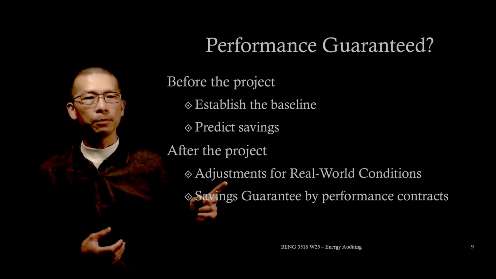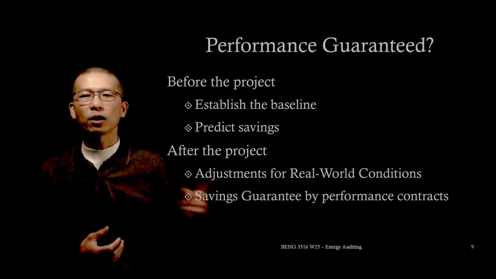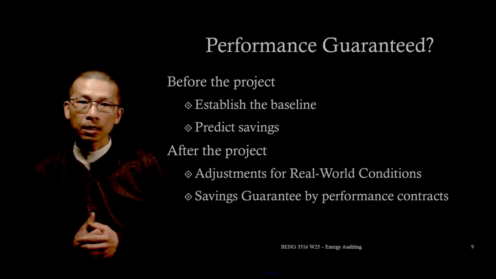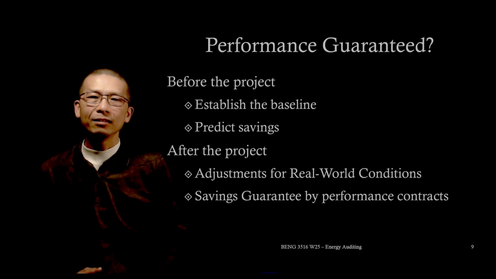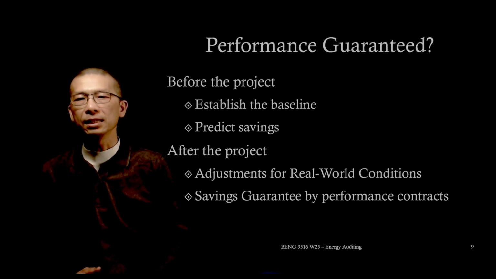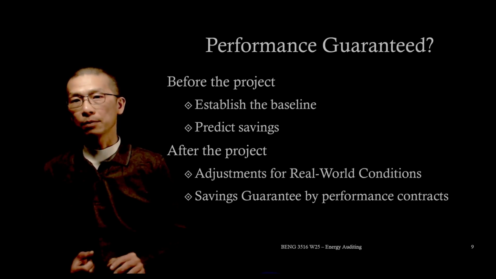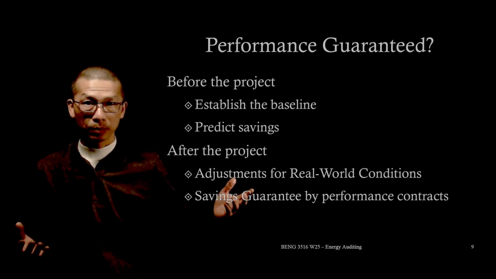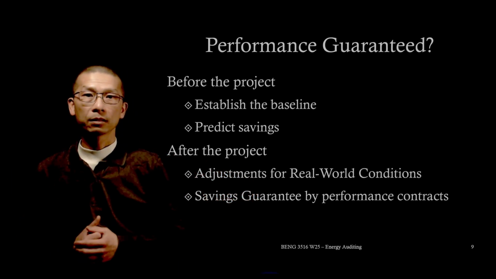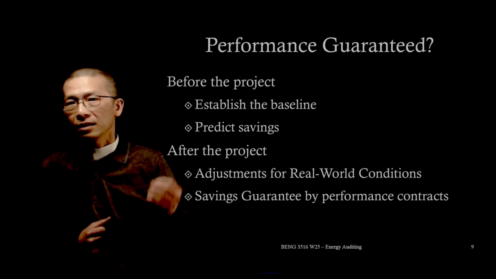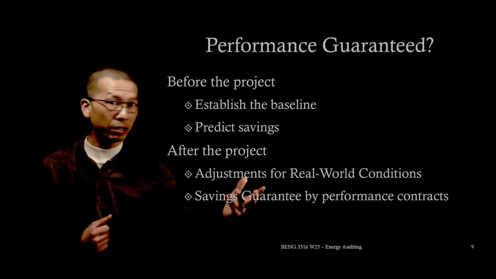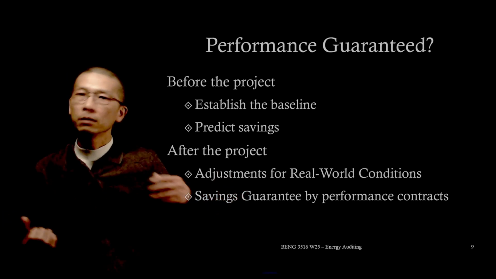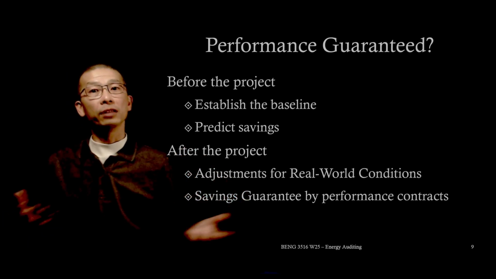Number 3 here, adjustment for real world conditions. That's after the project. Once the project is complete, actual energy consumption is measured. We can measure after the energy project is completed. Since external factors change, the weather changes, the number of occupants can change, and in a factory the production level can change.